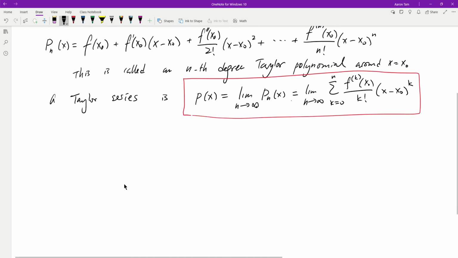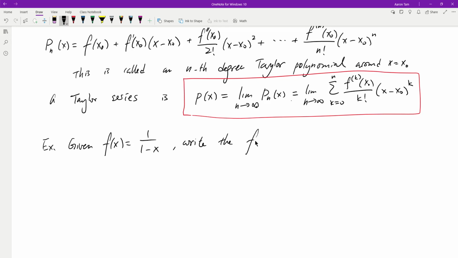I don't know if you remember how to do the Taylor series, so maybe we do one together right now. Here's our example. Let's say given the function f of x equal to 1 over 1 minus x, write the first, let's say, first 4 terms of the Taylor series around x equal to 0.